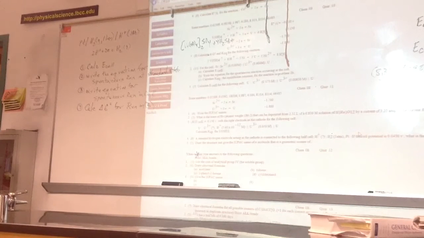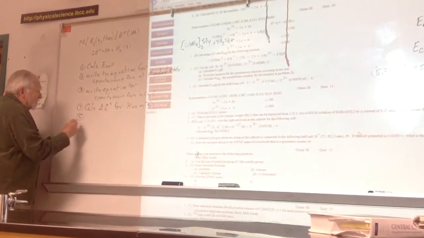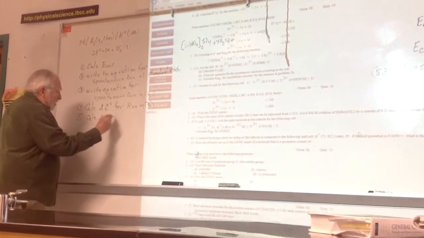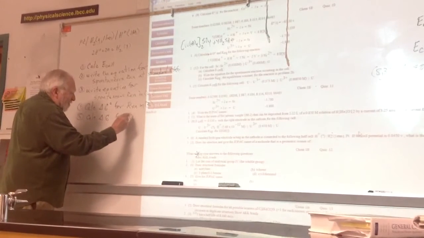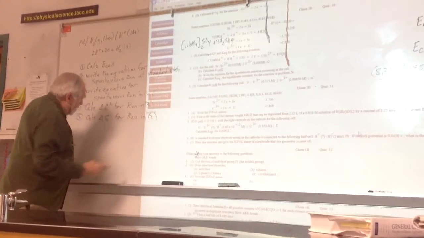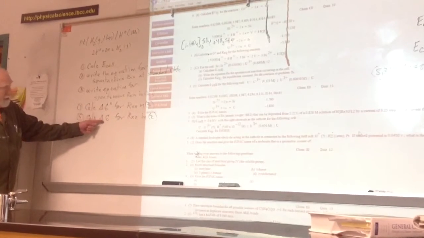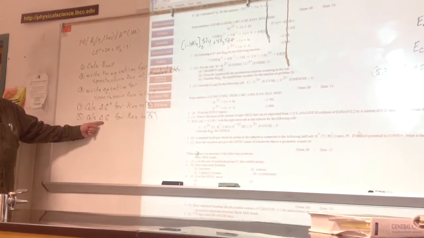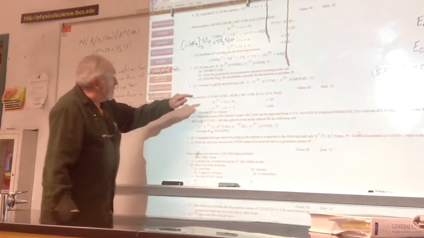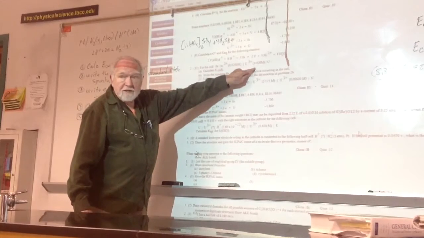Write out delta G0 for the reaction into 5, calculate delta G. Now what's the difference between this and this? Well, this is the standard state, but the cell I gave you right here was non-standard state.